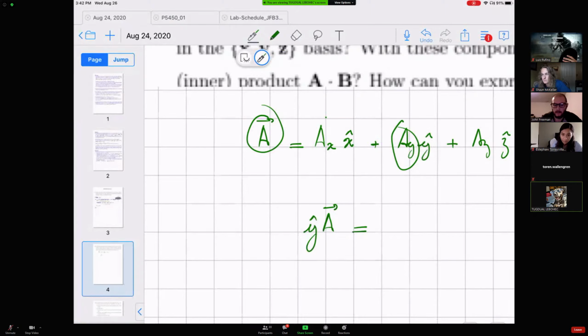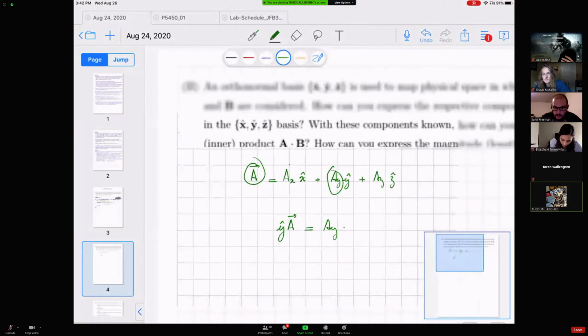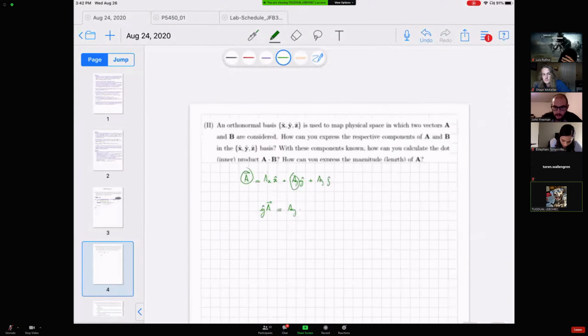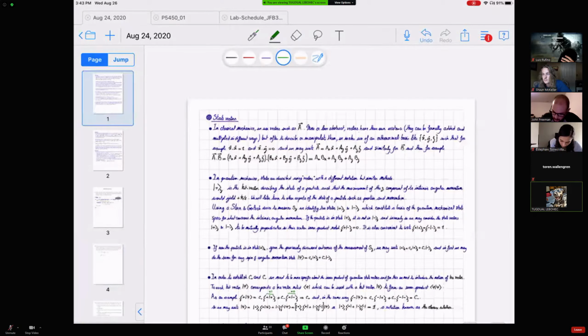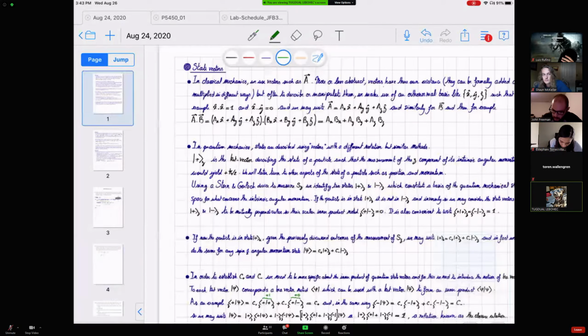So this dot product is going to be equal to just a sub y. You're clear with that?